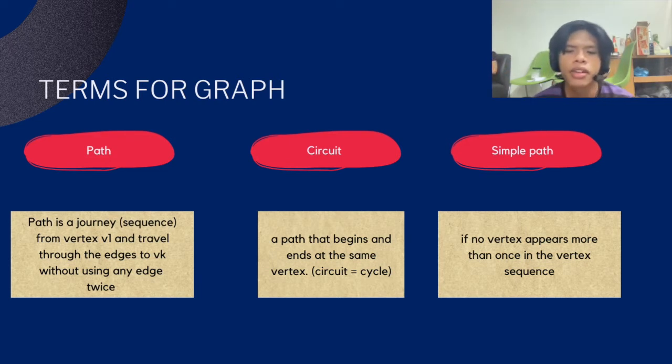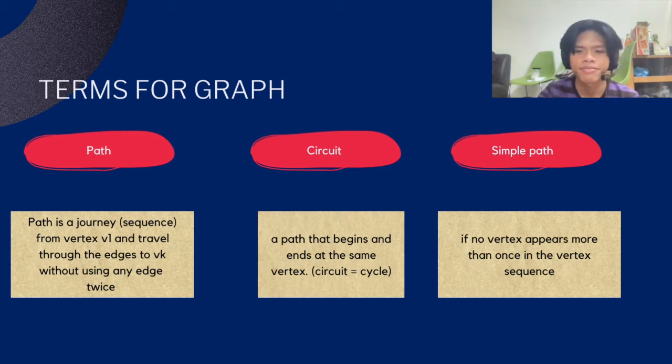A circuit is a path that begins and ends at the same vertex, and a circuit can also be a cycle. For the third one, the simple path: a path is simple if no vertex appears more than once in the vertex sequence.